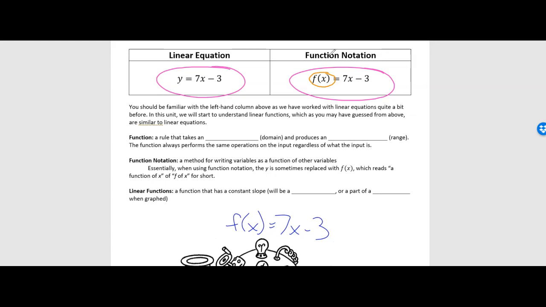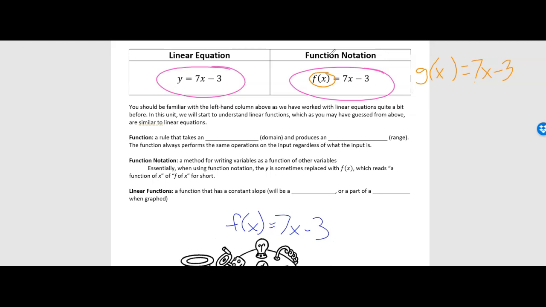When we have f of x, our function is function f. But I could put g of x if I wanted to call the function g. Or I could put h of x, or a variety of other different letters. So don't let that f of x fool you or confuse you. It basically means the same thing as a y. It's just different notation.